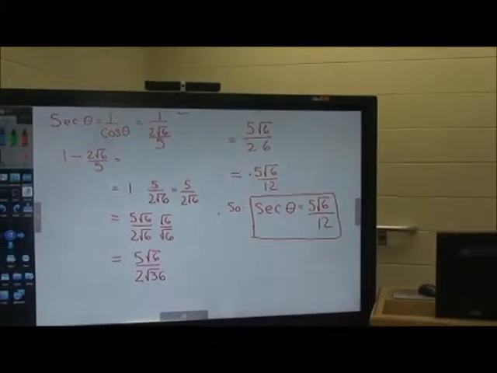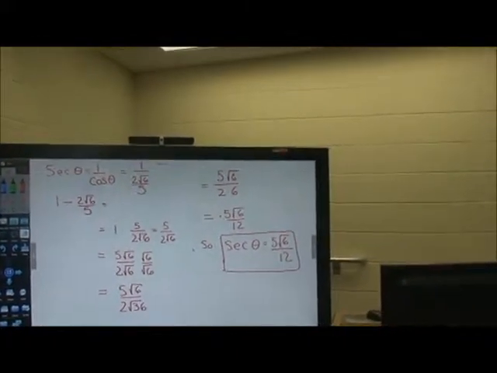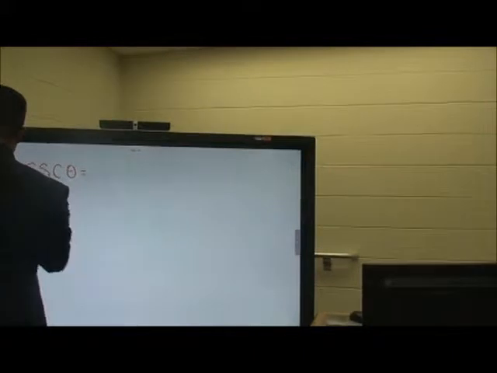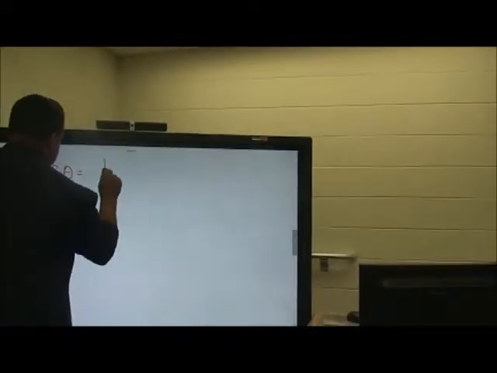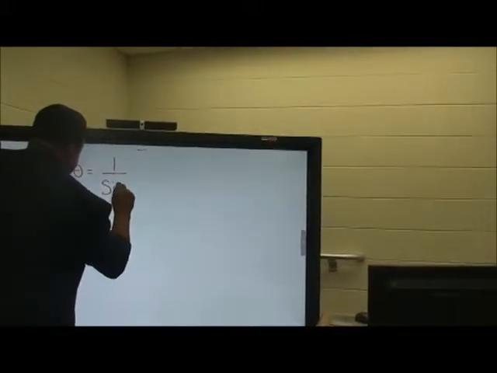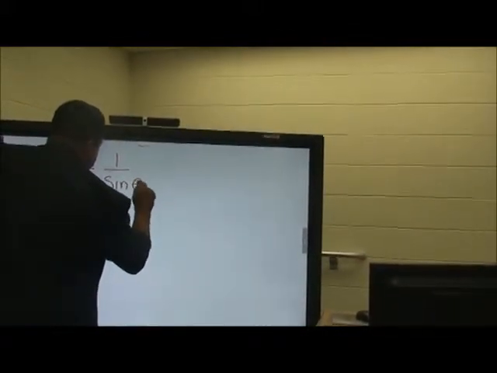With this last identity, cosecant theta is equal to 1 over sine theta.